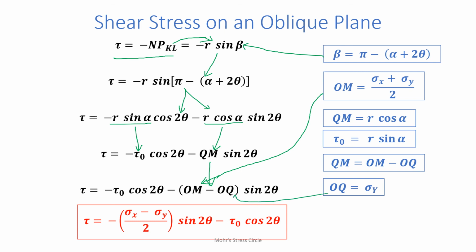We substitute, solve and rearrange the terms. Tau becomes minus sigma x minus sigma y by 2 sin 2 theta minus tau naught cos 2 theta. This is the same relation as for the analytical method.